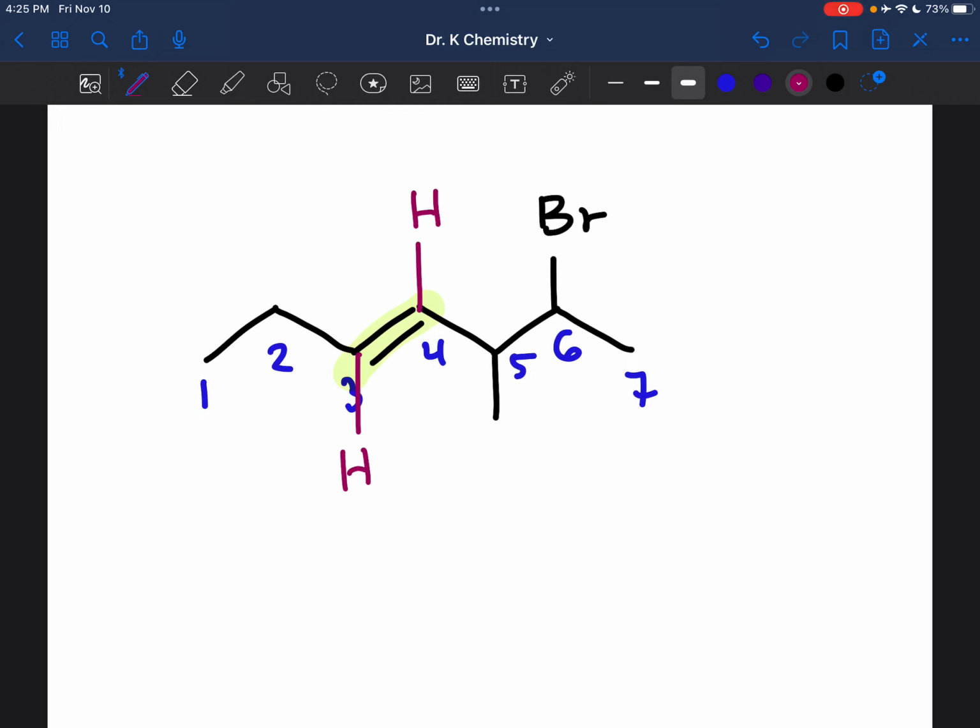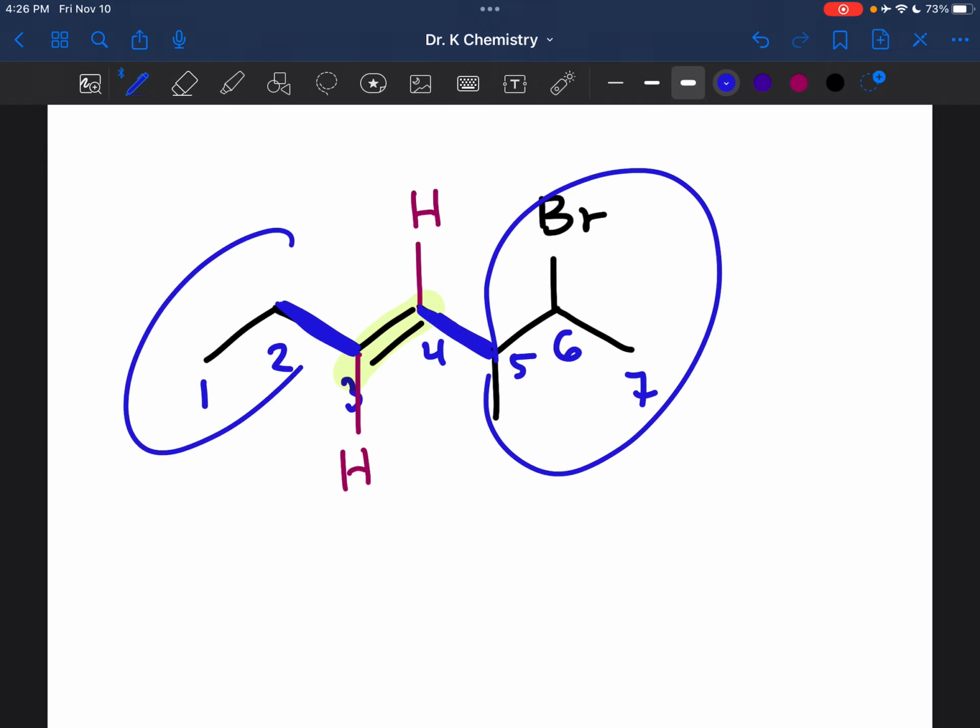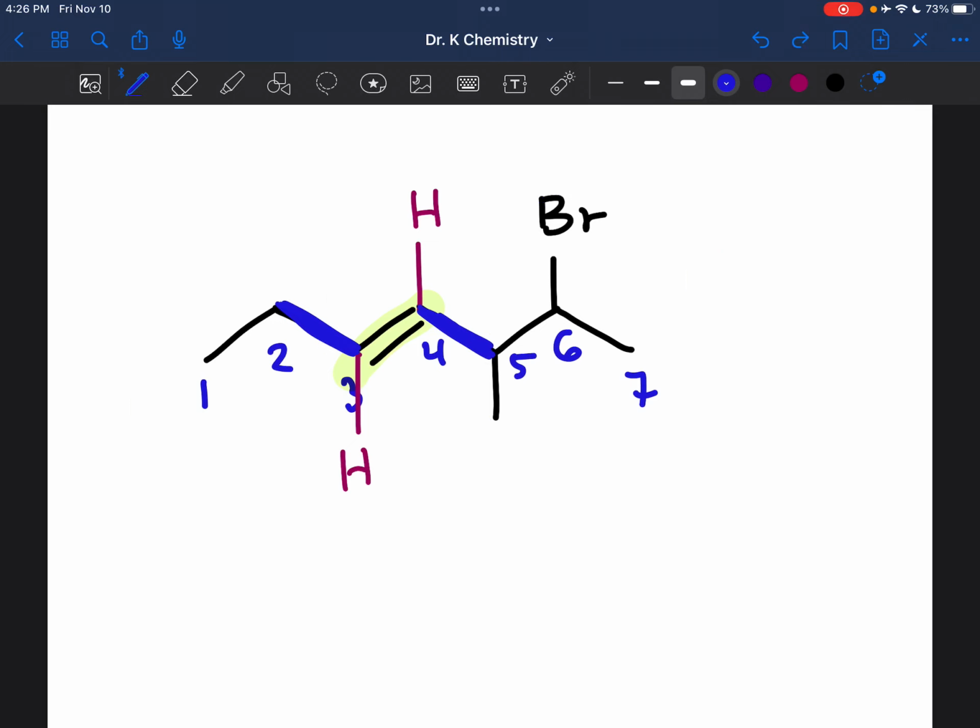Notice that these hydrogens are pointing in the opposite direction. Notice also that this bond is pointing up to the left, and this bond is pointing down to the right. So these groups are on the opposite sides of the molecule. They're pointing in the opposite directions, which means this is a trans alkene.